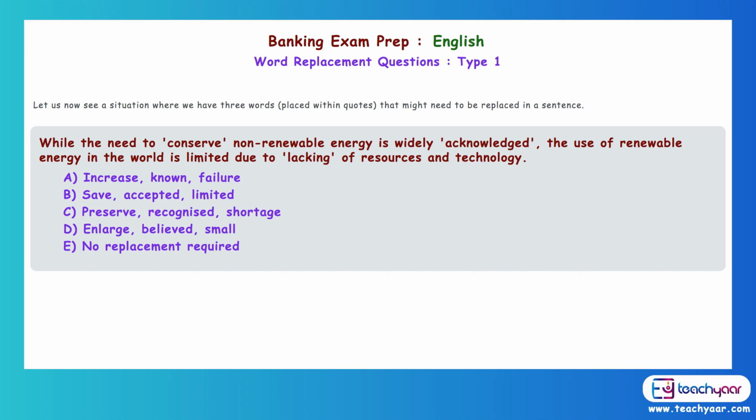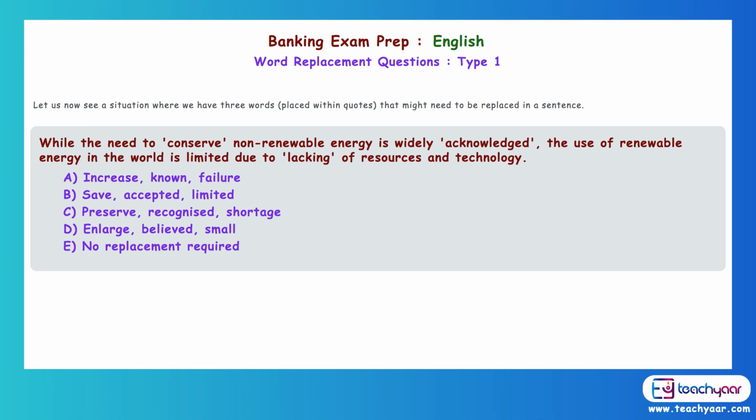Now, when you read this, I'm sure you'll feel that while the need to conserve, that's the first word, seems to be okay. Conserve non-renewable energy is widely acknowledged. That also seems to be okay. The use of renewable energy in the world is limited due to lacking of resources. Lacking is not the right word.